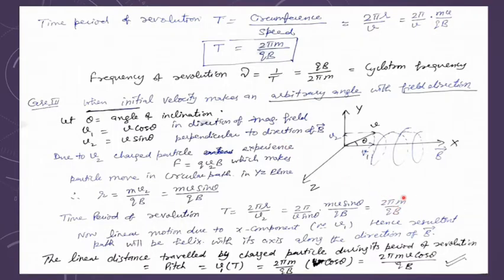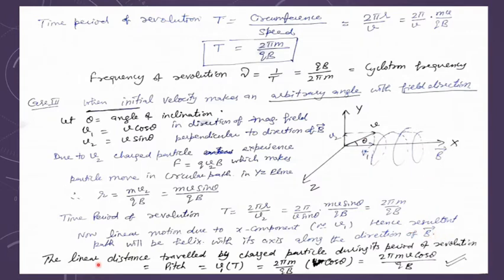Now you need to see that the linear motion due to the x component is also there, due to which the particle will follow a helix path along the direction of B. So the helix will be followed along the direction of your magnetic field.